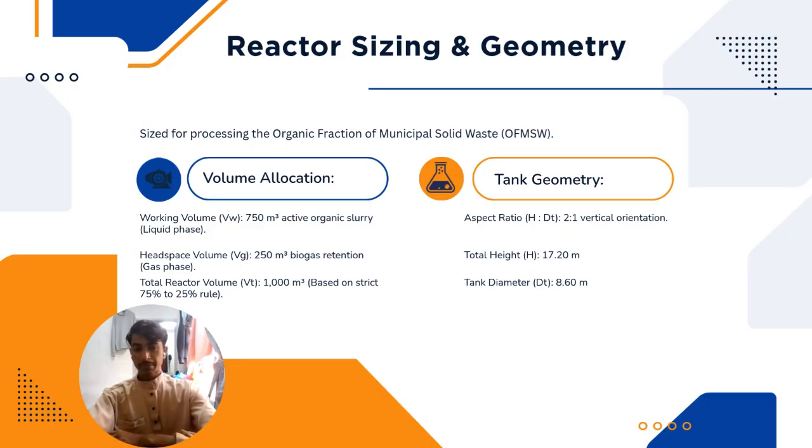Following our UniMAP lecture guidance, we implemented a strict 75% liquid to 25% gas headspace ratio. This mathematically locked our total reactor volume at 1000 cubic meters. By applying a standard 2 to 1 aspect ratio, we calculated our final tank dimensions: an internal diameter of 8.4 meters and a total vessel height of 17.2 meters.